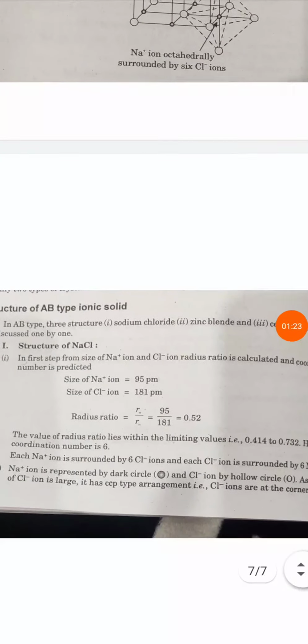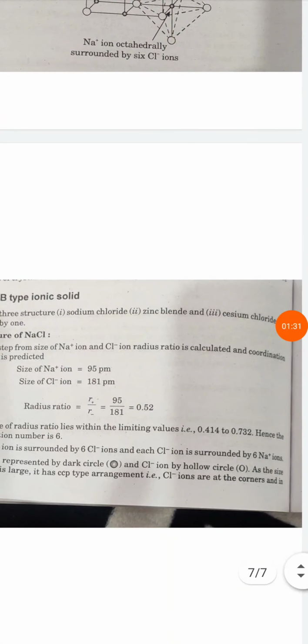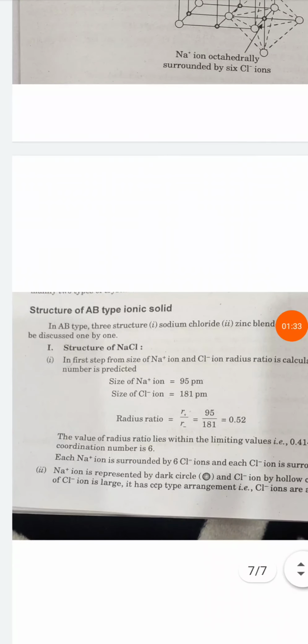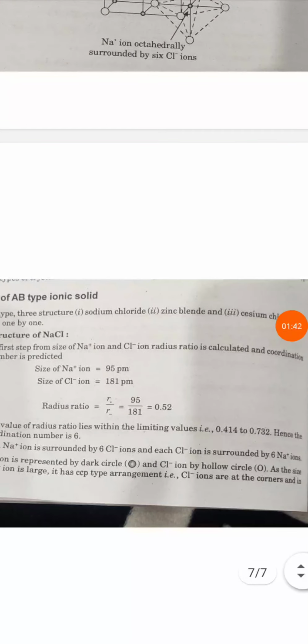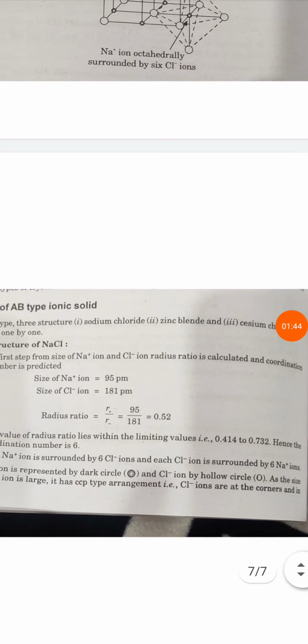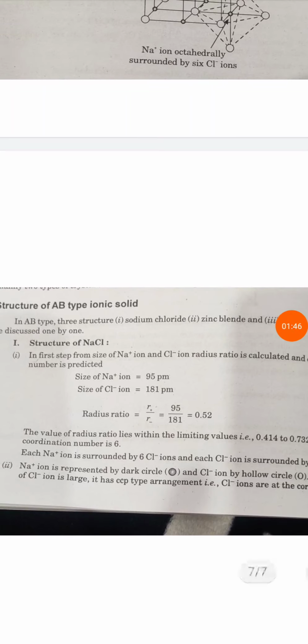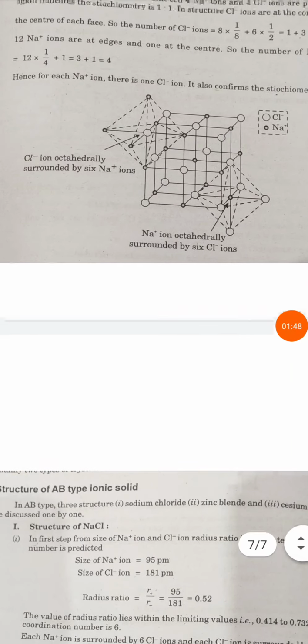Sodium ion is represented by a dark circle and the chloride ions by hollow circles. As the size of chloride ion is large, it has a CCP type arrangement.